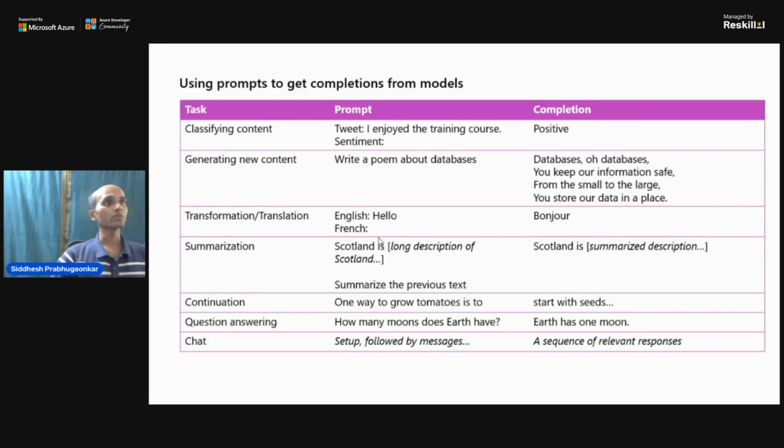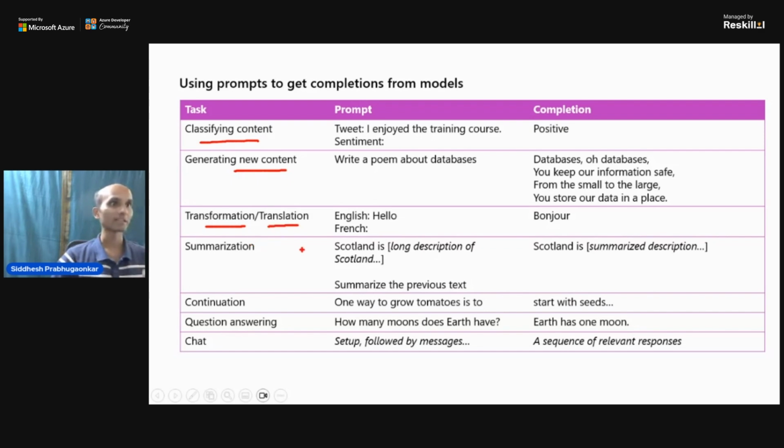We can use prompts for different tasks to get completions from the model. For example, we can use it to classify content and identify a sentiment: positive, negative, neutral. We can ask it to generate new content, or transform from one format to another format, such as JSON, XML, and so on.